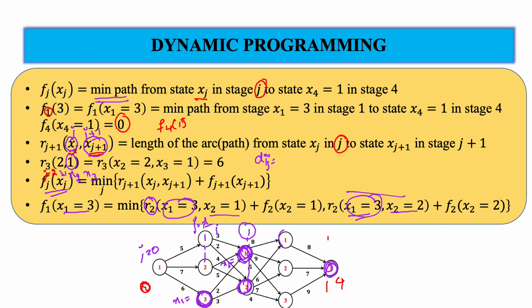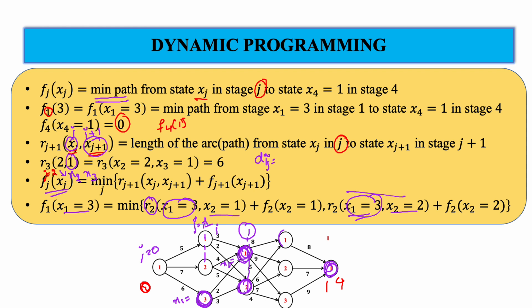Here it is 1. For this particular stage we are having 3 nodes. For this we are having 2 nodes, again 3 nodes, and then finally we are having 1 node. And fj xj is nothing but the minimum distance from node xj to node x4 in the 4th stage.